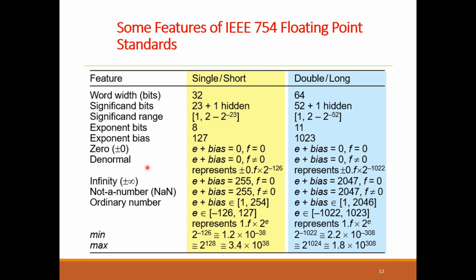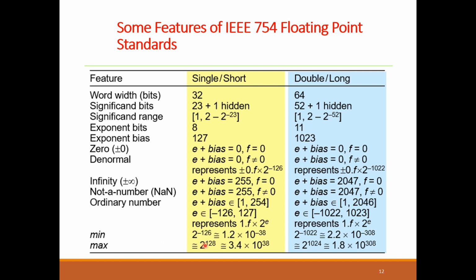If the exponent is all 0 and the fraction is not 0, this is not a normal representation. For plus or minus infinity, the exponent will be 255 and the fraction 0. For NaN, not a number, the exponent is 255 and the fraction is not 0. For ordinary numbers, the exponent will be from 1 to 254, which is minus 126 to 127.